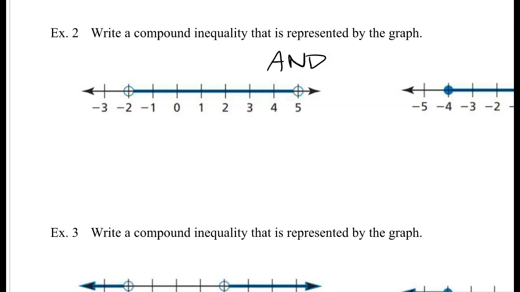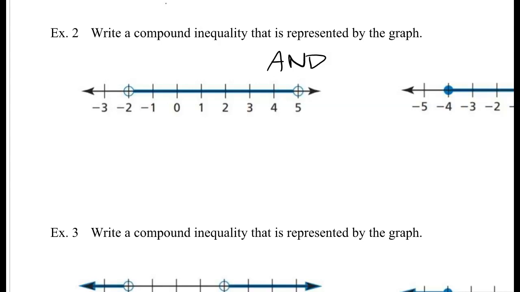So first and foremost, let's look at where the shading is with respect to -2. So -2 is over here, great. Now the shading occurs to the right of -2. That means those are numbers that are greater than -2.